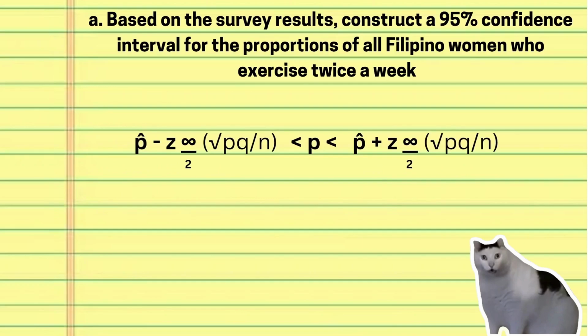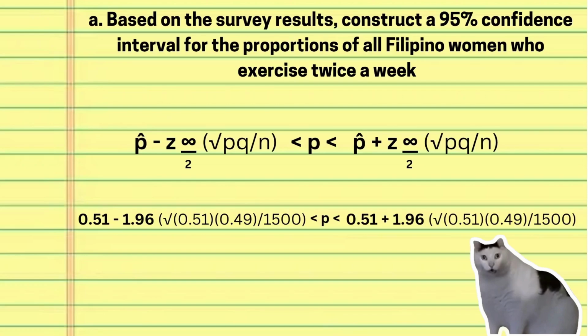Now to solve the confidence interval, the equation will go 0.51 minus 1.96, which is the critical value since the degree of confidence is 95%, times the square root of 0.51 times 0.49 over 1,500, and 0.51 plus 1.96 times the square root of 0.51 times 0.49 over 1,500.